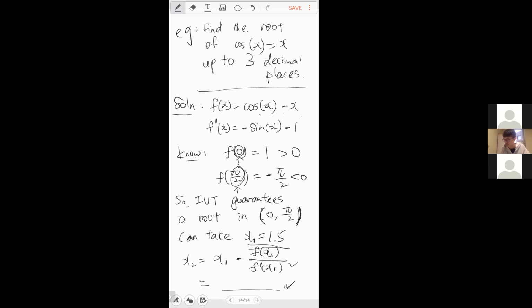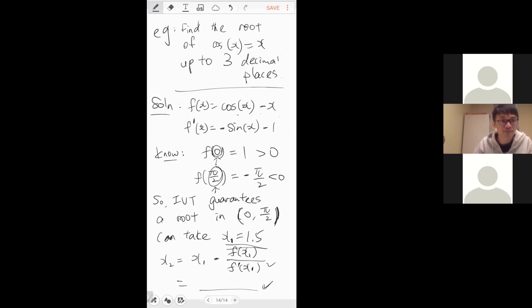I mean, once you find x2, you put x2 into get x3, and then put x3 into get x4, and so on and so forth. But you stop the process when the approximations agree up to three decimal places. Any other questions before I let you go?